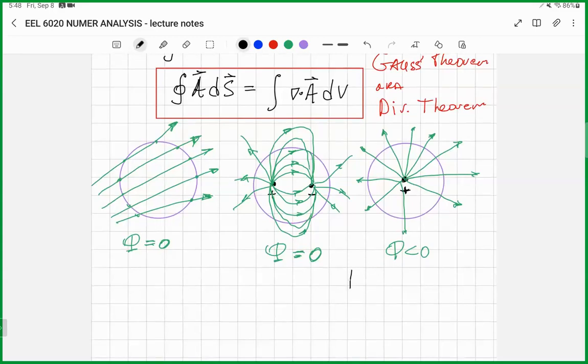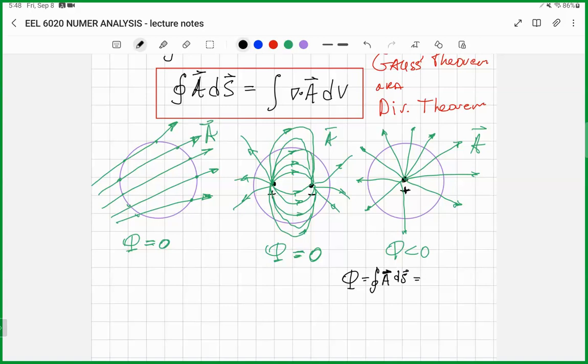And we can even calculate this flux. By definition, the flux of the vector field is the integral of this field, field A, over the surface.